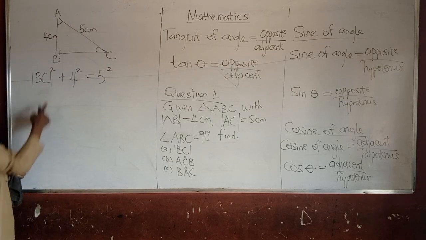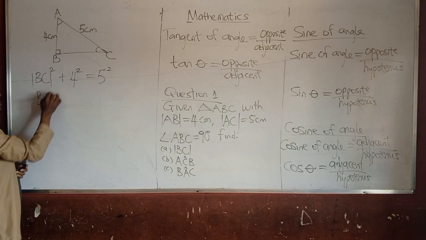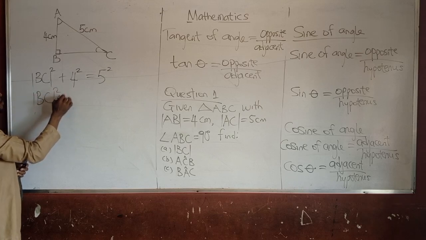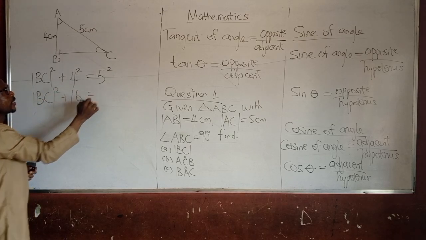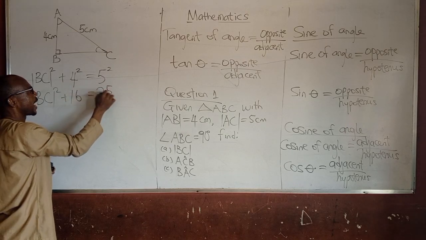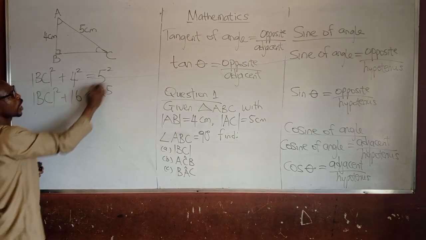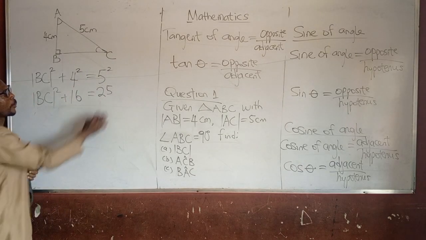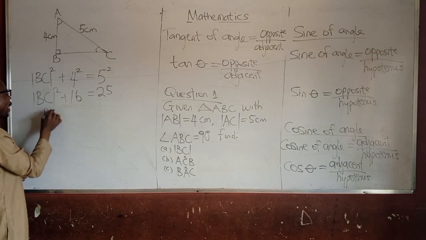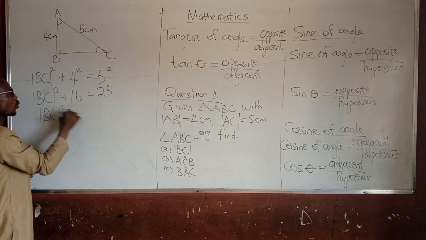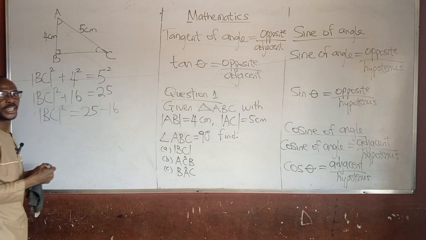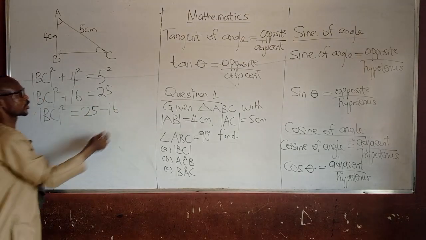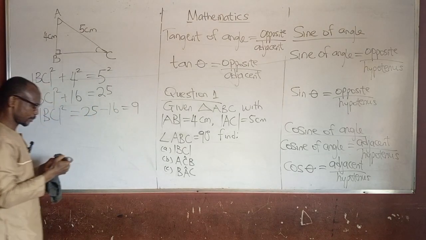So what we will get now be our BC square plus 4 square, now 4 square is 16, 5 square now 25. This 16, when it cross the equality sign, it will become minus. So our BC square will become 25 minus 16. 25 minus 16 will give us 9.